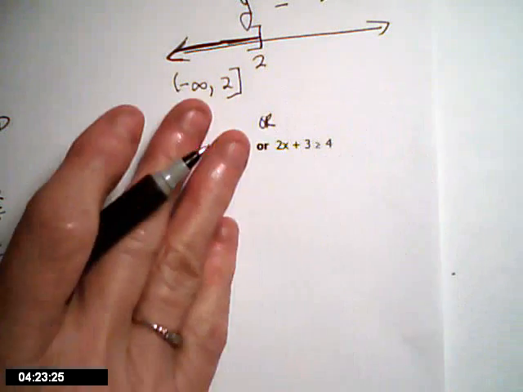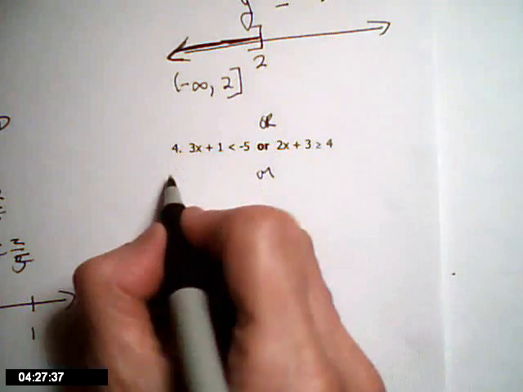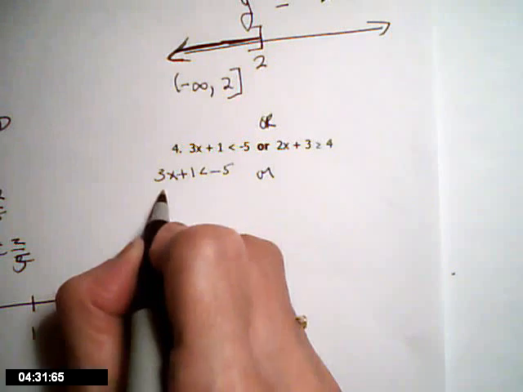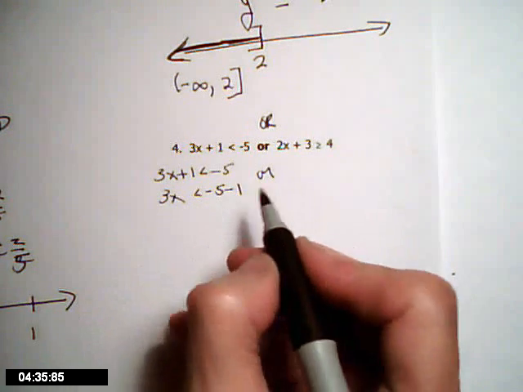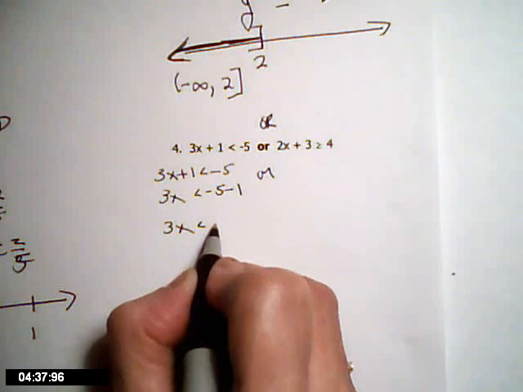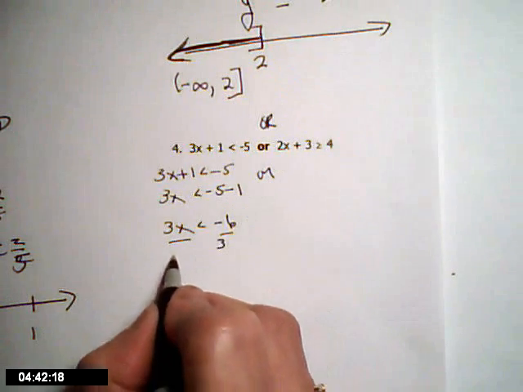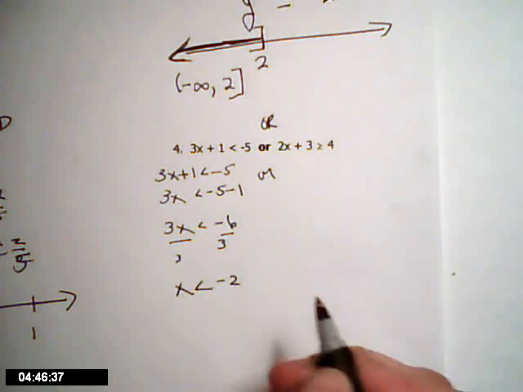If you have an OR problem, this is so easy because you really are going to work one problem, and then you're going to work a second problem and separate with the word OR. So first I'll have 3x plus 1 less than negative 5. I'm going to move the 1 over, becomes negative 1. So 3x less than negative 6. I'm going to divide by 3. Now you divided by a positive 3, so the sign does not change.